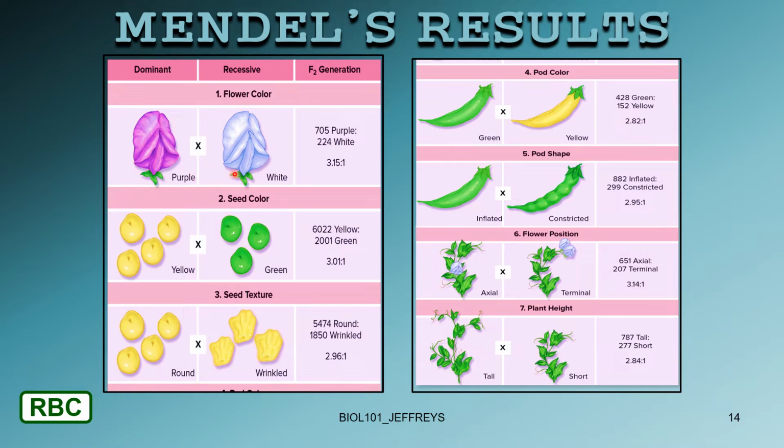He actually physically counted them. And out of the 3,000 plus, he ended up with just over 700 purple hybrids yielding purple flowers, and just over 200 hybrids yielding white flowers. And the same played true with all of these traits.